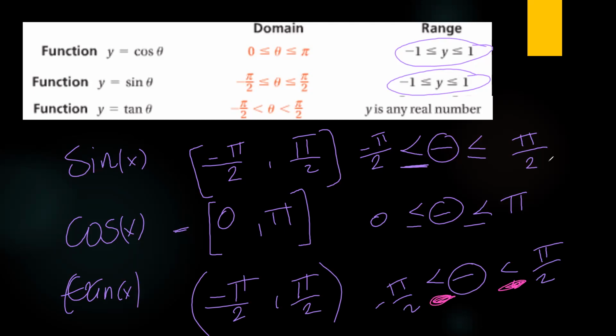That means negative pi over 2 and pi over 2 are vertical asymptotes, which are not included. So from here, I want you now to memorize the domain and the range for the sine, cosine, and tan. Do you have any question? No, thank you. No, teacher, it's clear.